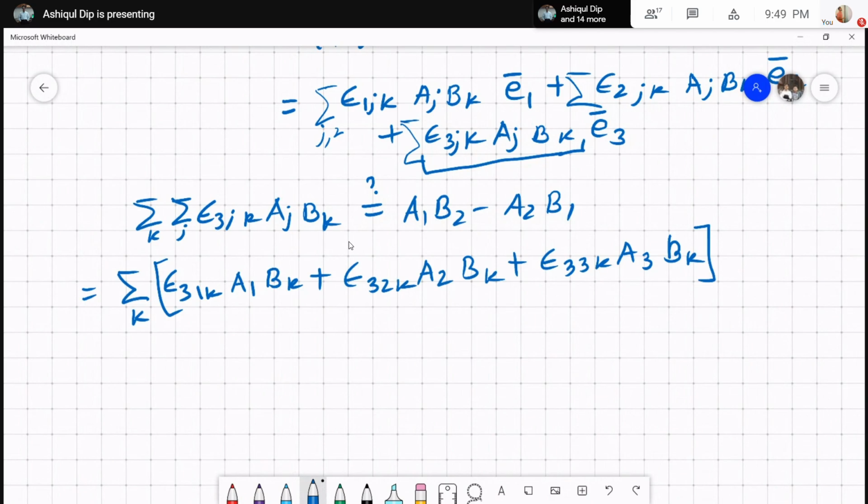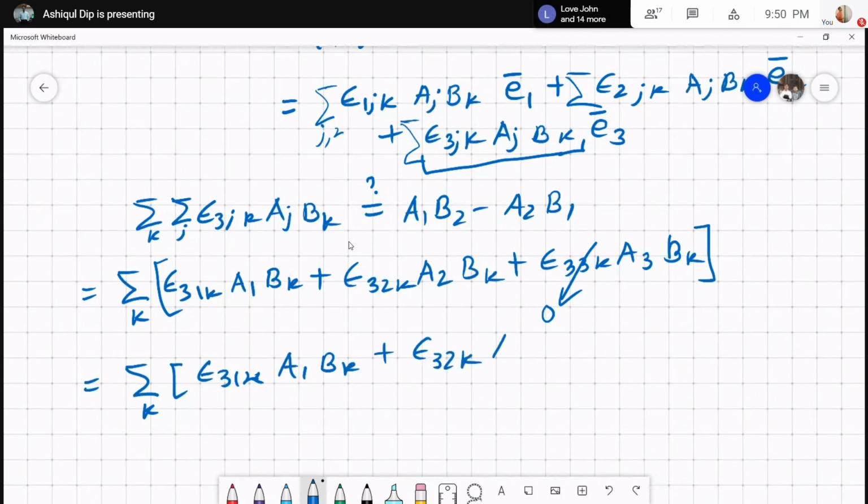Do you agree with that? I just expanded the sum over j. The repeated index vanishes, so the last term is 0 by definition of epsilon. So we have epsilon 31k a1 bk plus epsilon 32k a2 bk.